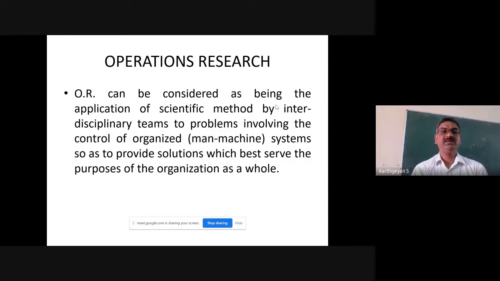Apart from management, you can apply operations research in all fields, day-to-day lives and any industry problems, such as production problems. Even whenever you want to go for any planning activity, like constructing a home or a bridge, the operations research tools and optimization techniques are very helpful in planning and executing and getting results in a scientific way.